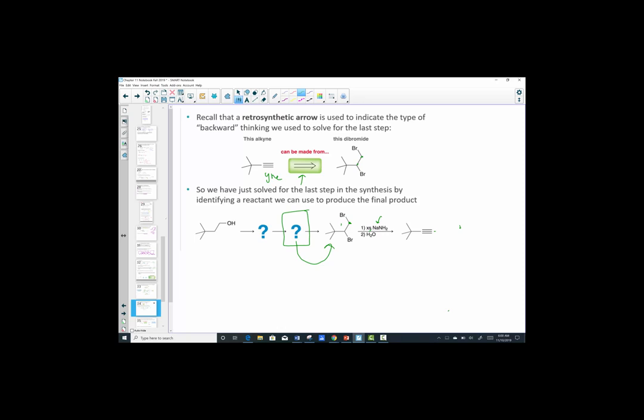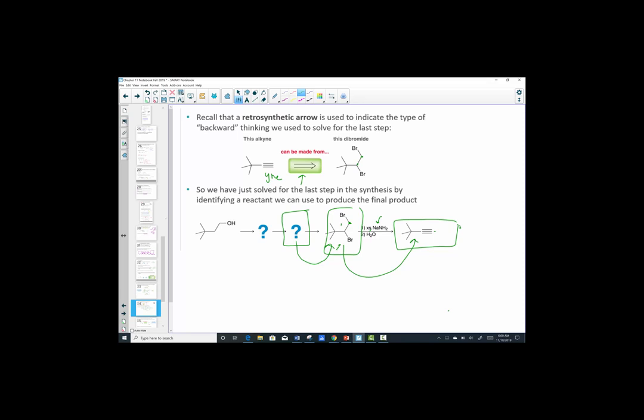See the pattern? I started with this and I said, how can I make it? How can I take something and convert it into an alkyne? And that brought me into my chapter 9 chemistry, and we've decided that I can turn a dihalide into an alkyne by using these reagents, sodium amide and water. Now, how can I make a vicinal dihalide?